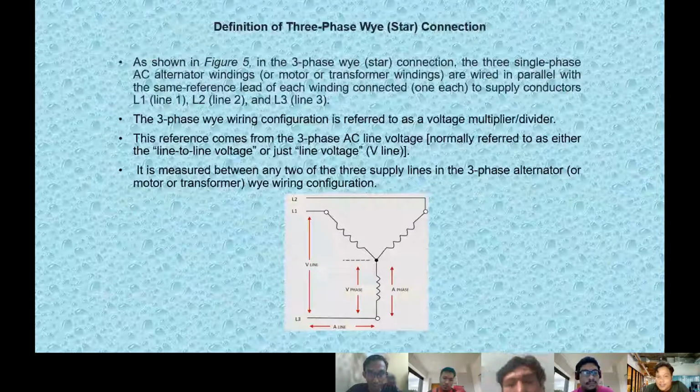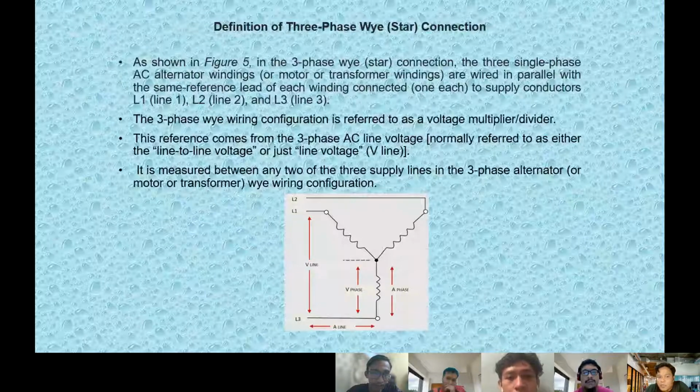This is the definition of three-phase WYE star connection. This figure shows the three-phase WYE star connection in which three single-phase AC alternator windings or motor or transformer windings are wired in parallel with the same reference lead of each winding connected one each to supply conductors L1, L2, and L3.